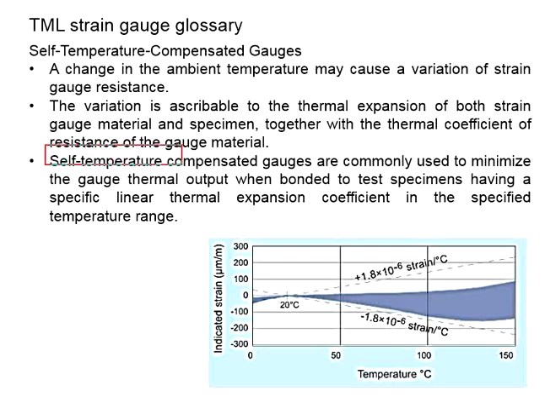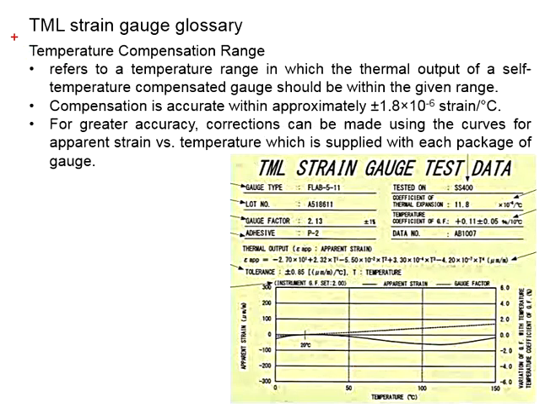Now, these self-temperature compensated gauges are commonly used to minimize the gauge temperature output when bonded to the test specimen, which have specific linear thermal expansion coefficients in specific temperature range. And then we have temperature compensation range.